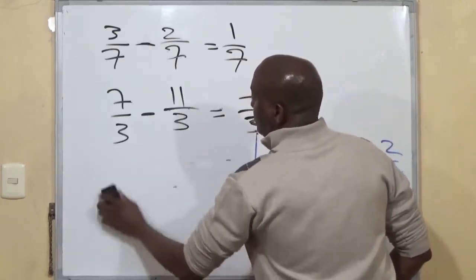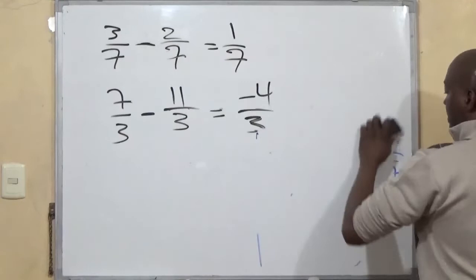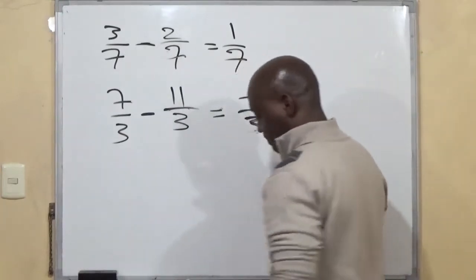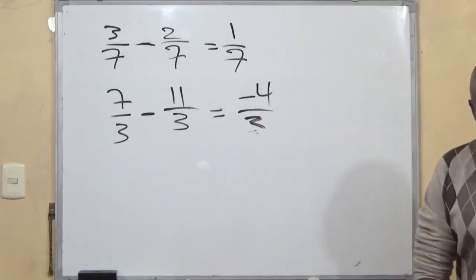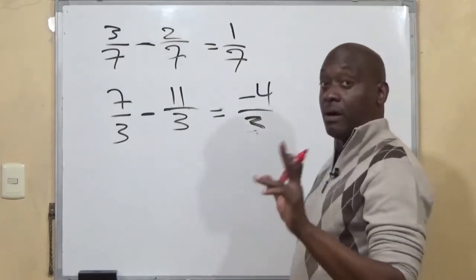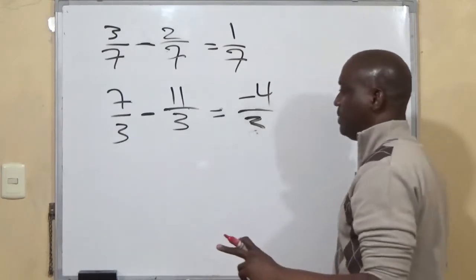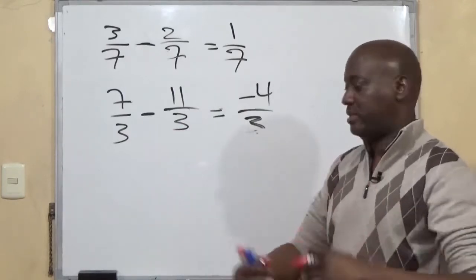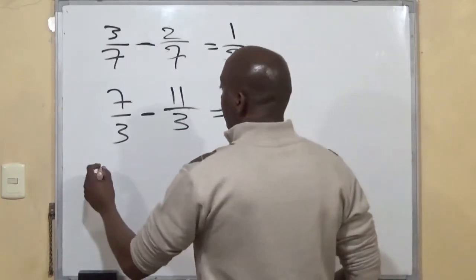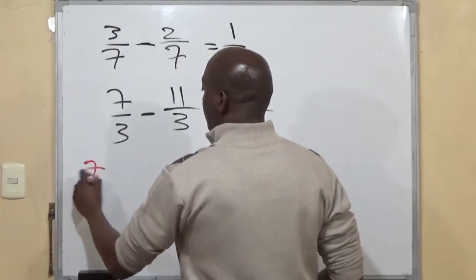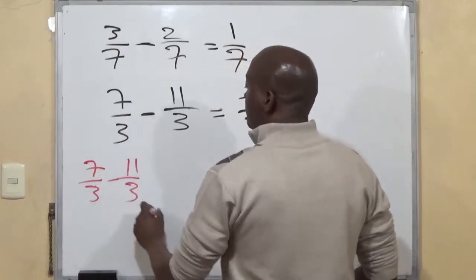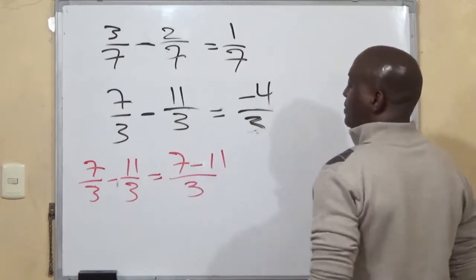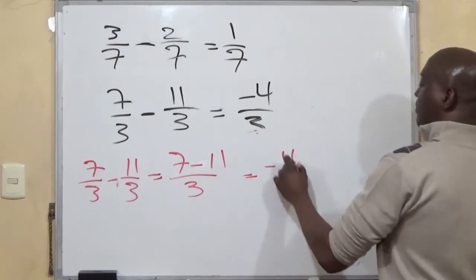So you have 7 over 3 minus 11 over 3, and again, because the denominators are the same, because the denominators are common, in other words, the 7 and the 11 exist in the same denominations, then we could say that 7 over 3 minus 11 over 3 is the same thing as 7 minus 11 all over 3, which will give you a minus 4 over 3.